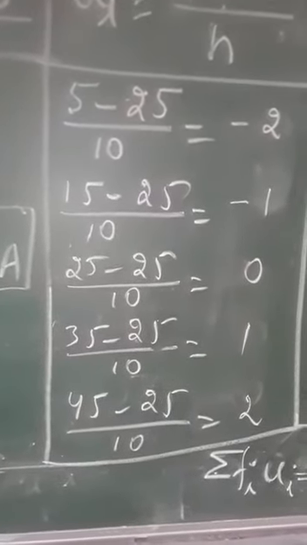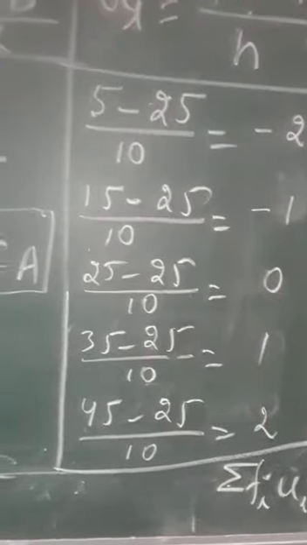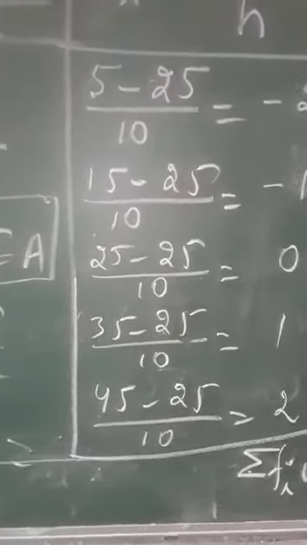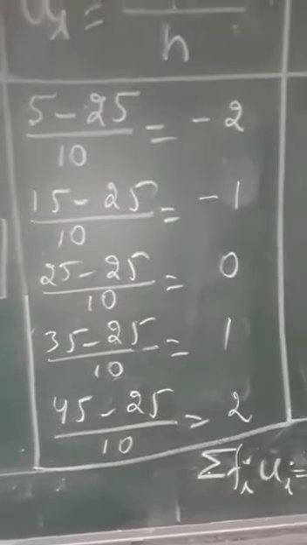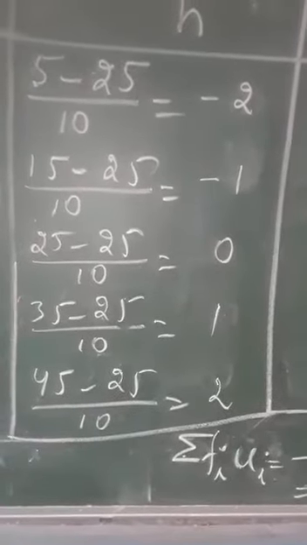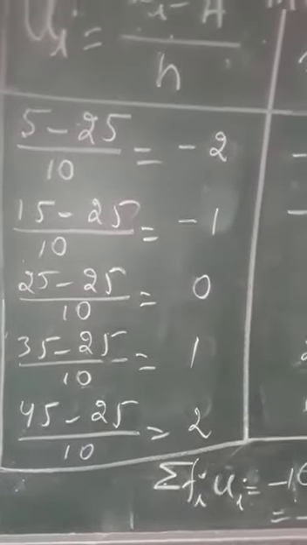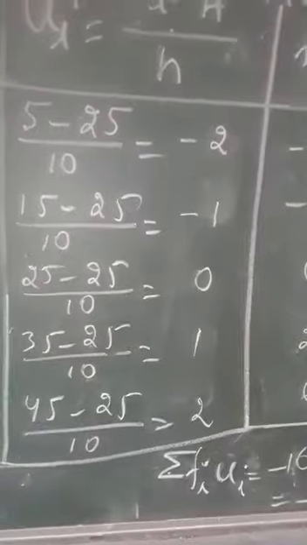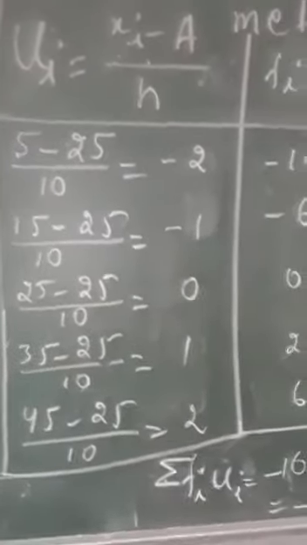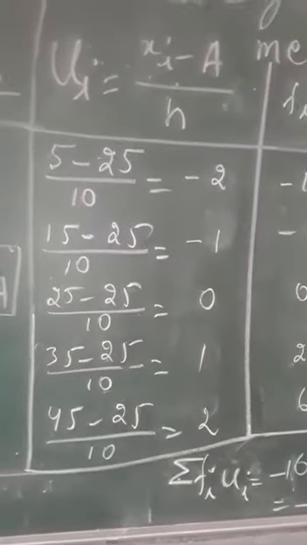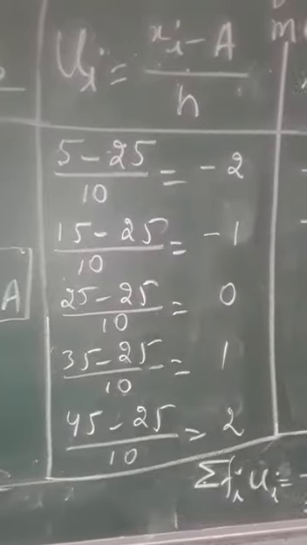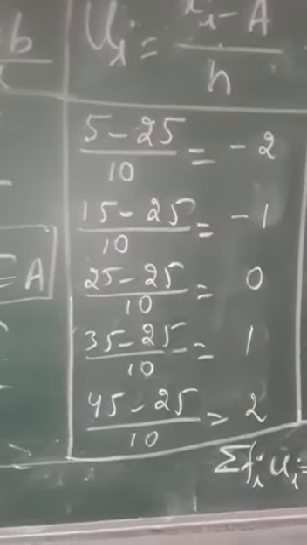The corresponding di, the first di, that is equals to 5 minus 25 is equals to minus 20, and the quotient with 10 is equals to minus 2. Similarly, we have obtained the second ui by finding the difference of 15 and 25 and dividing it by 10. The third one, we are having the difference of 25 and 25, that is equals to 0, and the quotient of 0 and 10 is equals to 0.